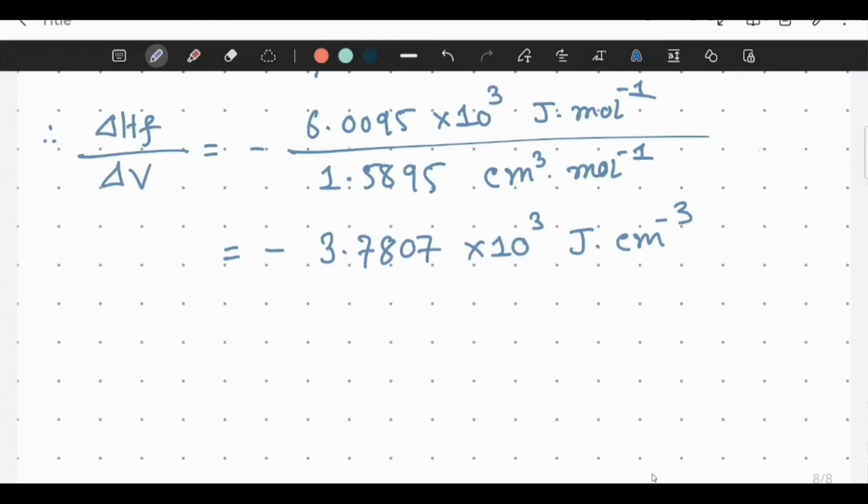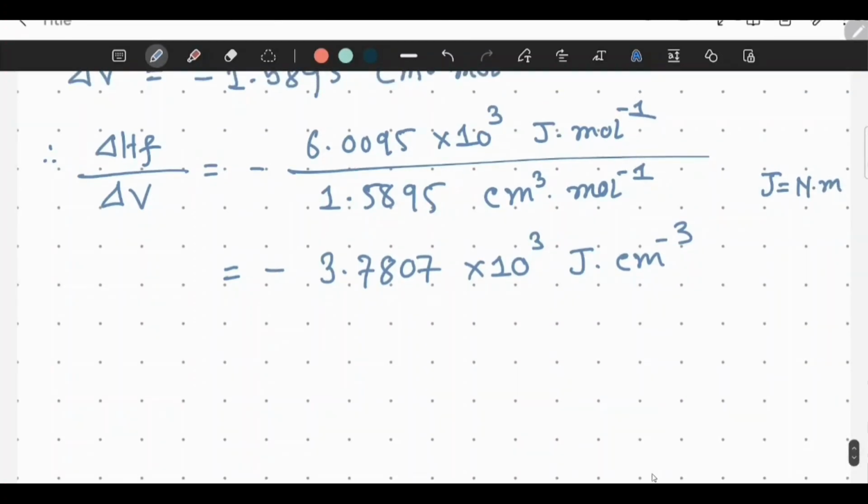Okay, and joule is Newton meter. So we can write Newton meter per centimeter cube, and 1 meter is 10 to the power 2 centimeters. So it will be 10 to the power 5, and it will be okay.